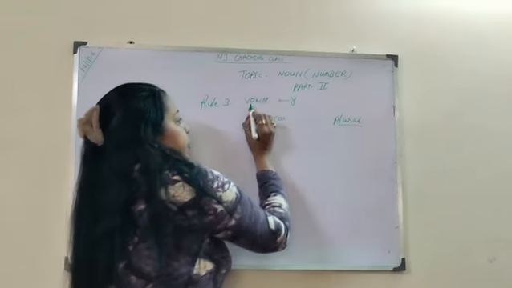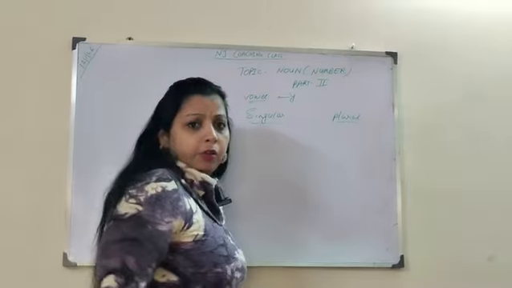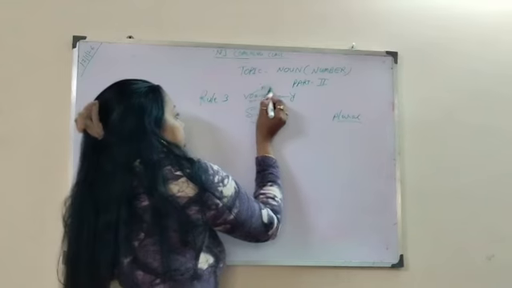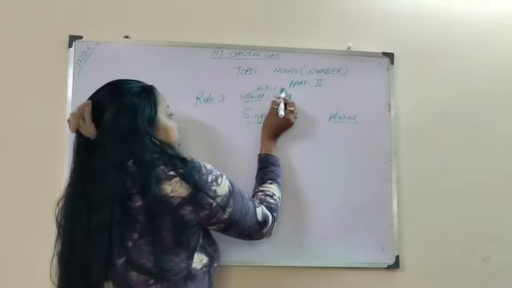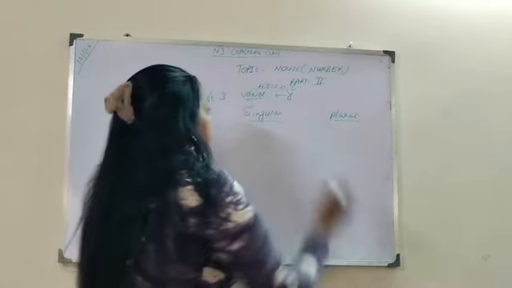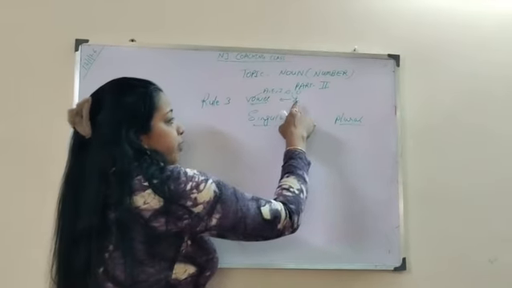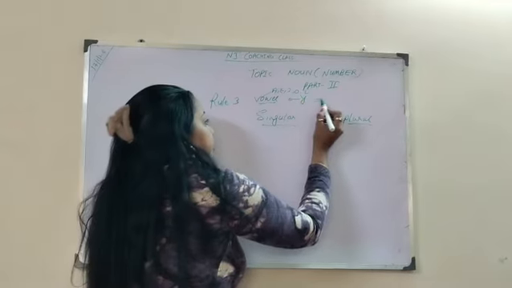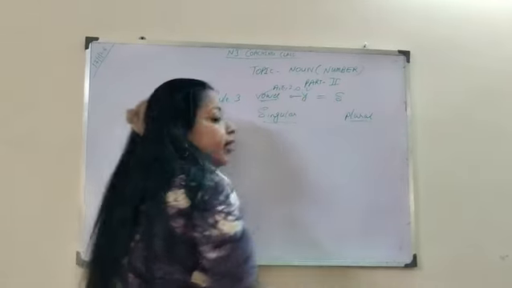Everyone knows the 5 vowels: A, E, I, O, U. So, if any word in singular ends in y and before y there is any vowel a, e, i, o, u, then we will add only s.